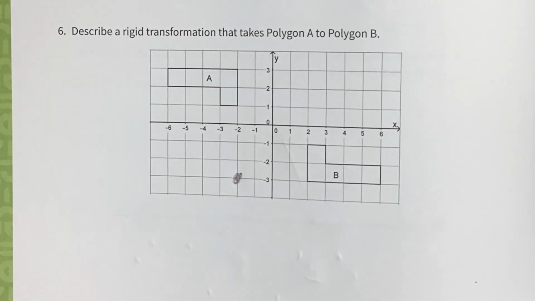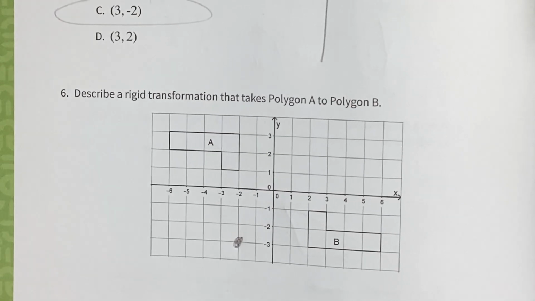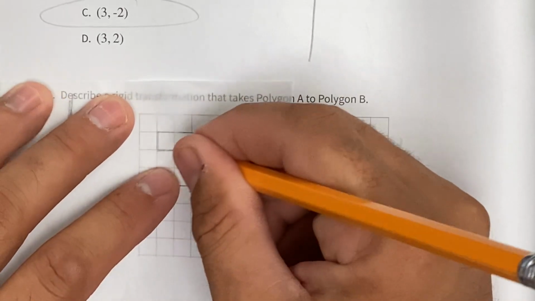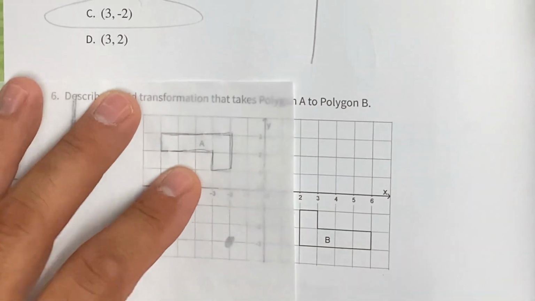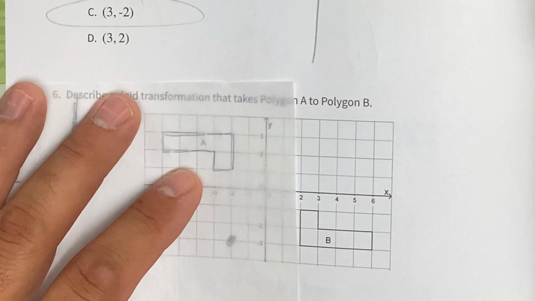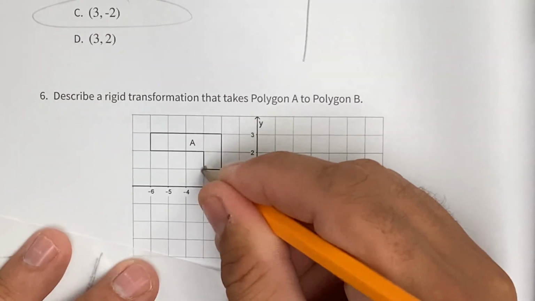6, describe a rigid transformation that takes A to B. So starting with this guy, I need to get to B. Now, more than one way to do so. What do you want to do? Well, I'm going to call this point 1.